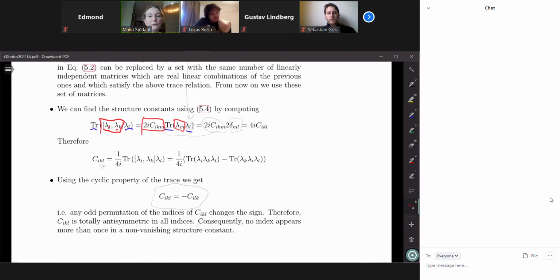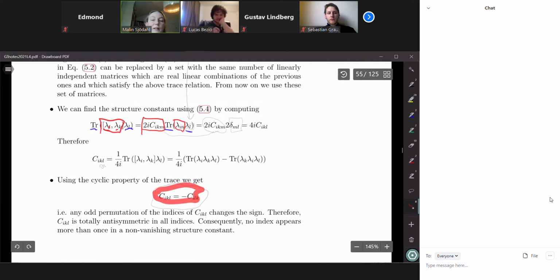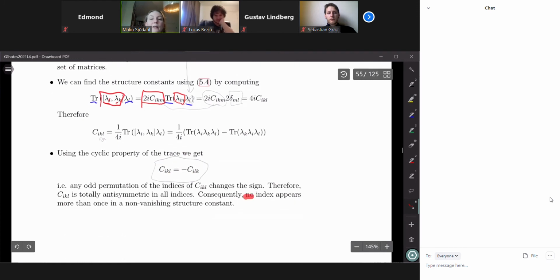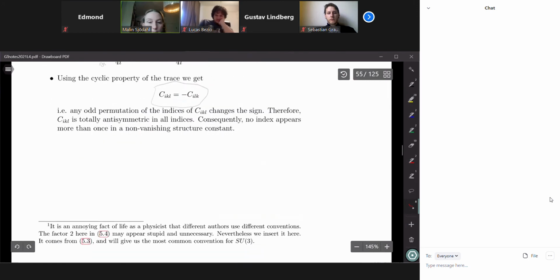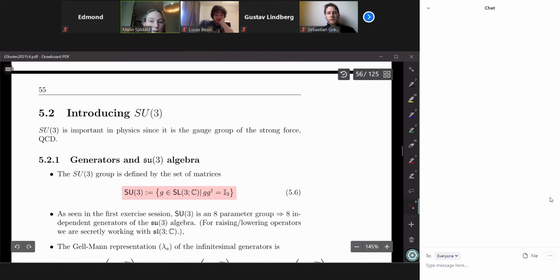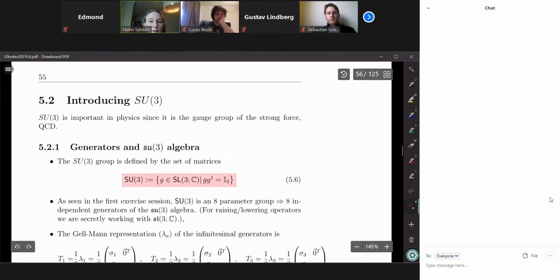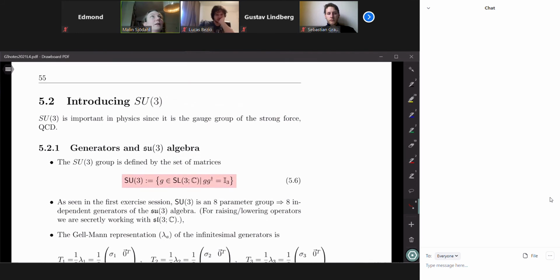Well, the only quantity fulfilling that is 0. So those are totally antisymmetric. So in the non-vanishing, interesting structure constants, we have no index appearing more than once. Okay, any questions to that?